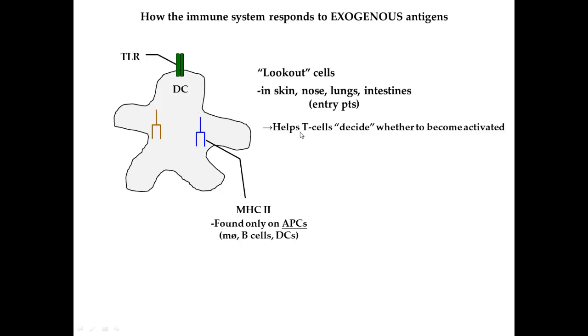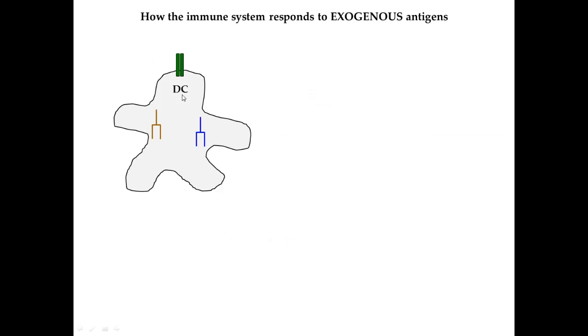Dendritic cells help T cells to decide whether or not they should become activated. And what that means is that they might present normal molecules to T cells or abnormal molecules to T cells. So to understand how T cells can be activated by a dendritic cell, we're going to take a look at 2 different scenarios.